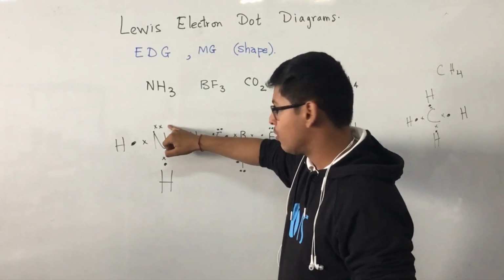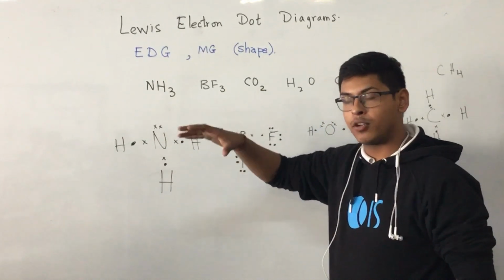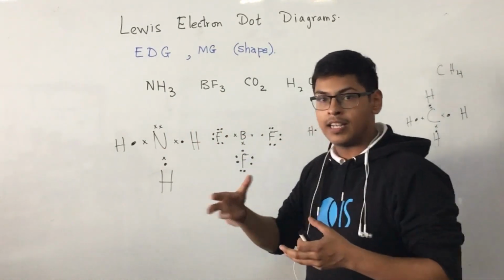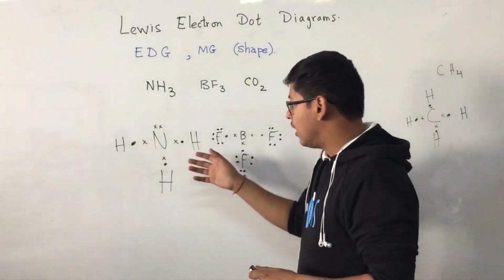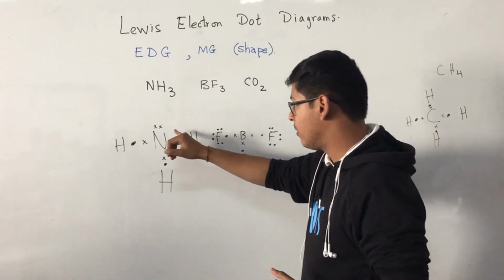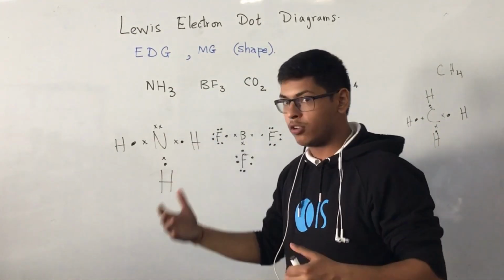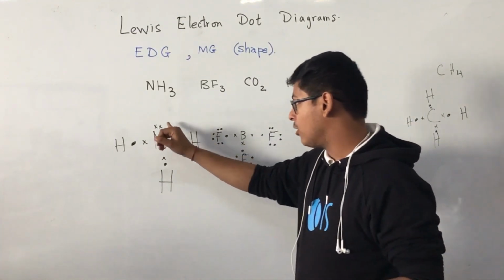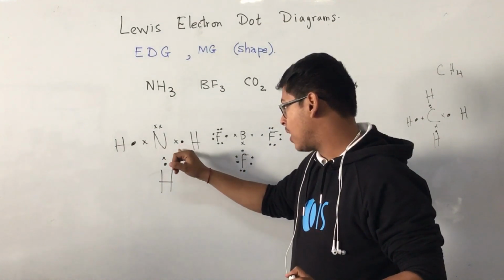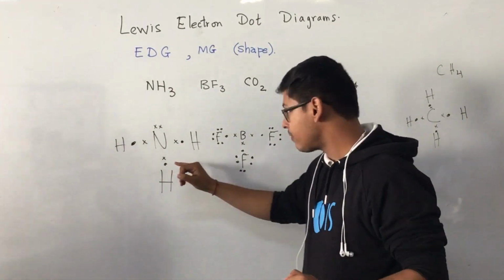Another important thing is that lone pair repulsion is the greatest, followed by lone pair, bond pair, and the least repulsion occurs between bond pair and bond pair.